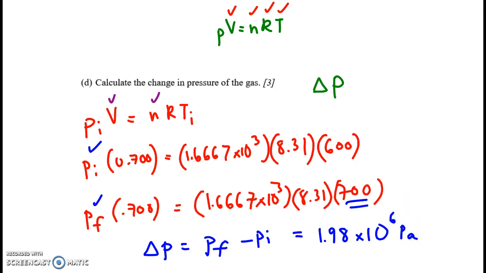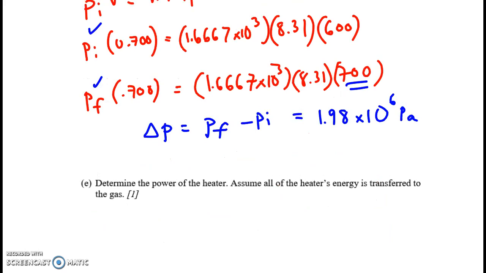Now, if you look at the calculations you got for initial and final, the initial pressure was 1.19 times 10 to the 6, let me write it this way. It's 119 times 10 to the 5 pascals, which is really high.